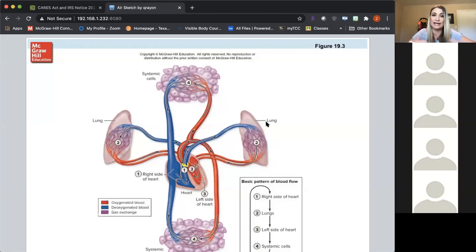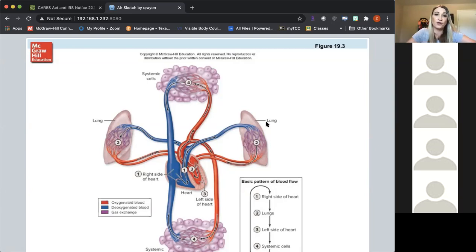Oxygenated blood will be collected by the pulmonary veins. Pulmonary veins will take this oxygenated blood into the left atrium. From the left atrium, blood will move through the bicuspid valve into the left ventricle. The left ventricle will send the blood through the aortic semilunar valve, which would be right here behind that pulmonary trunk, because they kind of lay on top of each other there.